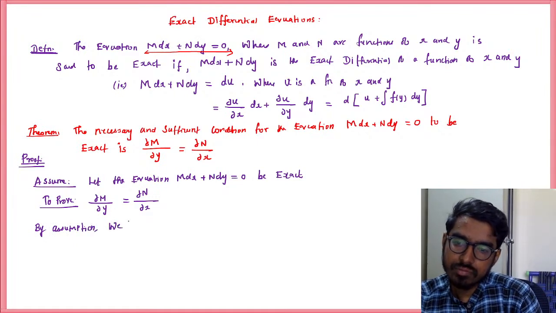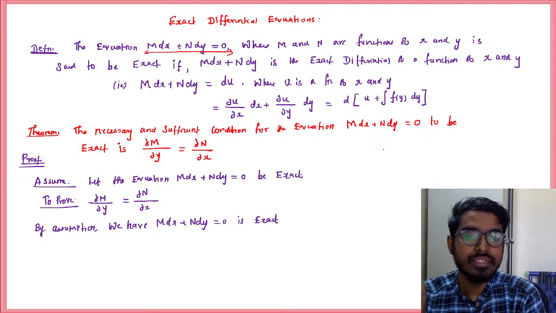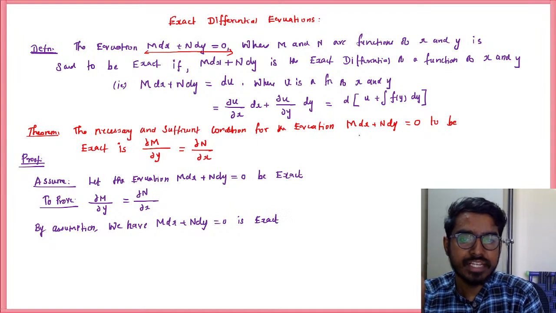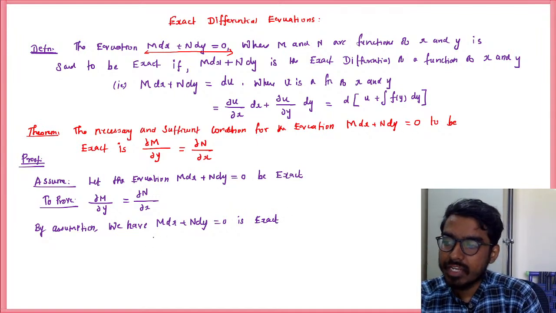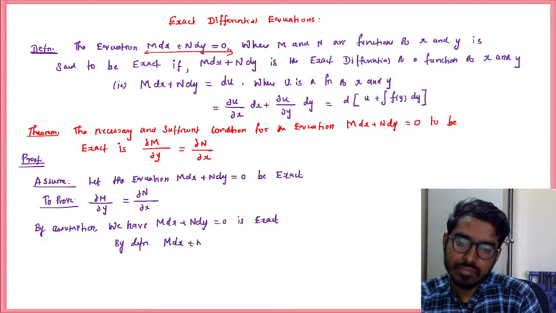So by assumption we have Mdx plus Ndy is equal to 0 is exact. I'm assuming that this is an exact differential. So by definition, Mdx plus Ndy is equal to du.